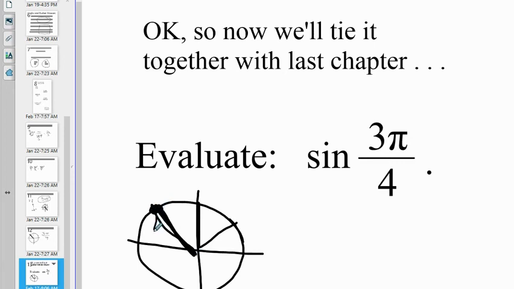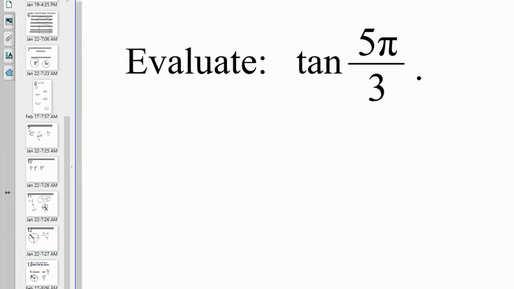We're looking at a 45, 45, 90 triangle on the unit circle. Sine of 3 pi over 4 is the vertical component of that, and we're moving up. So it's square root of 2 over 2.